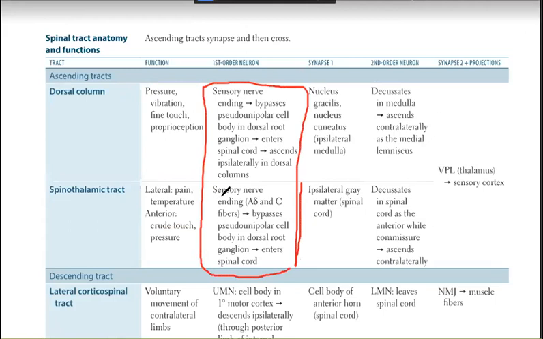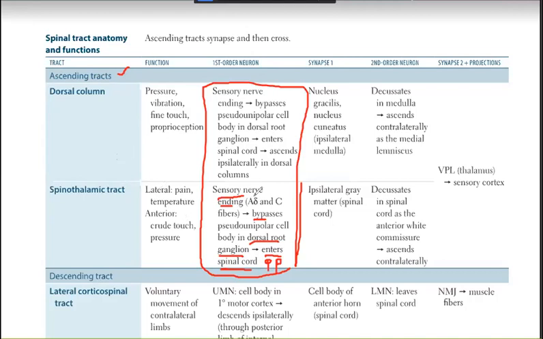From the sensory nerve endings, the pseudo-unipolar neuron reaches the dorsal root ganglion, and then from the dorsal root ganglion you reach the spinal cord. And again it is ipsilateral. So you reach this first order neuron pathway for the ascending tracts. There are two ascending tracts, and for these two tracts it is the same. This is for sensory. There are other ascending tracts too, but we'll talk about them later.